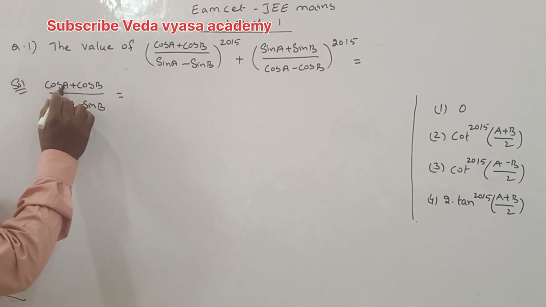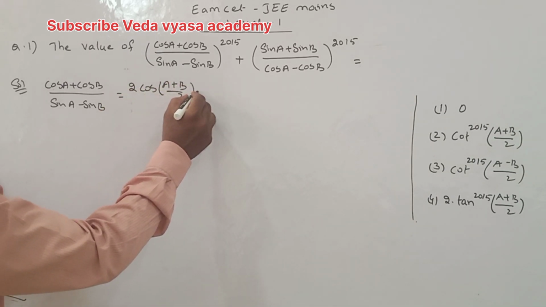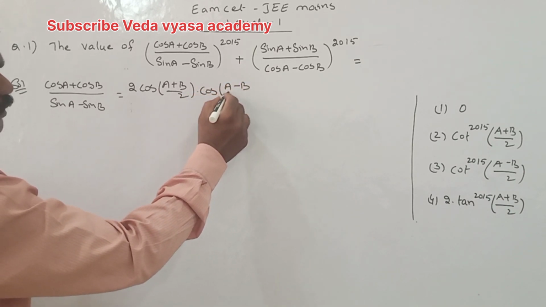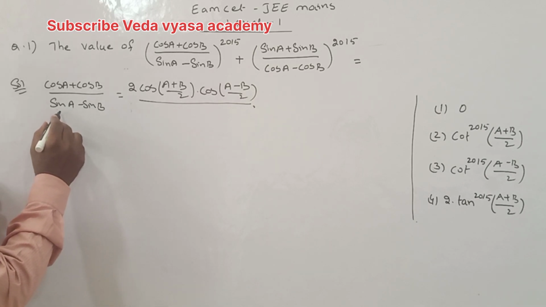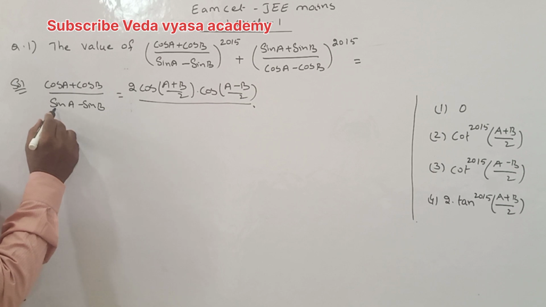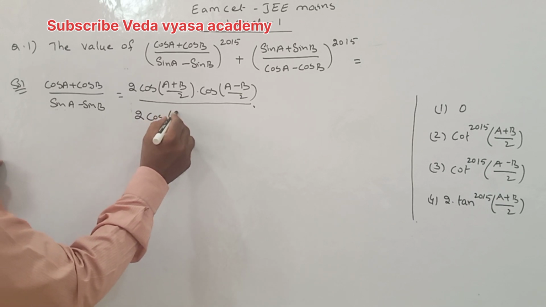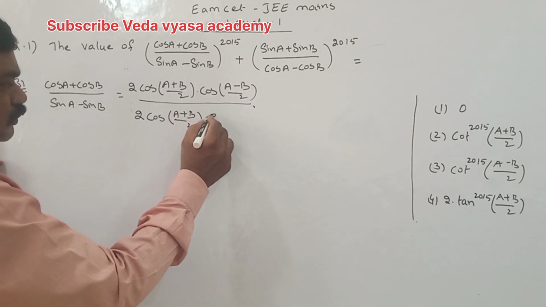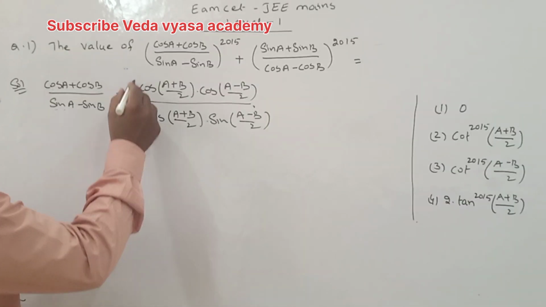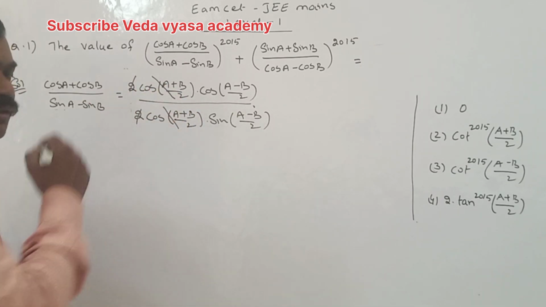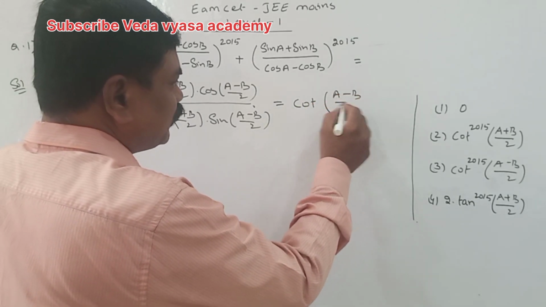The numerator is in the form of the cos C plus cos D formula: 2 cos of (A+B)/2 into cos of (A-B)/2. The denominator can be written using the sin C minus sin D formula: 2 into cos of (A+B)/2 into sin of (A-B)/2. You observe here 2 cancels and cos of (A+B)/2 cancels. What we will have is cot of (A-B)/2.